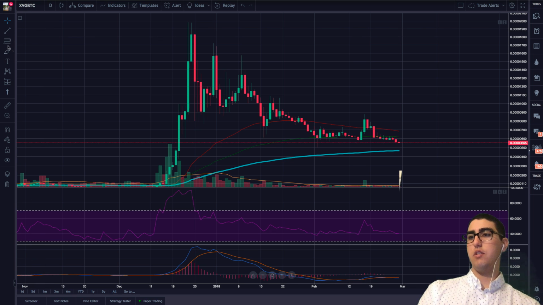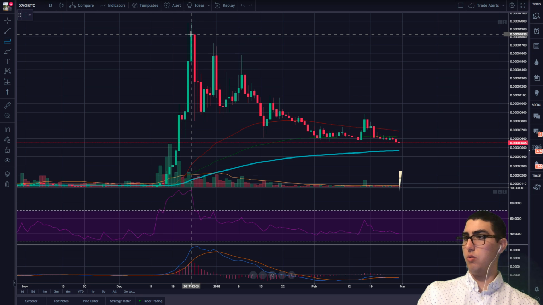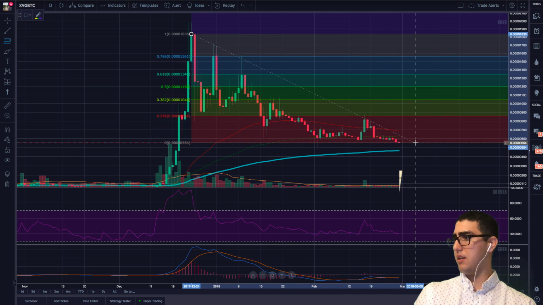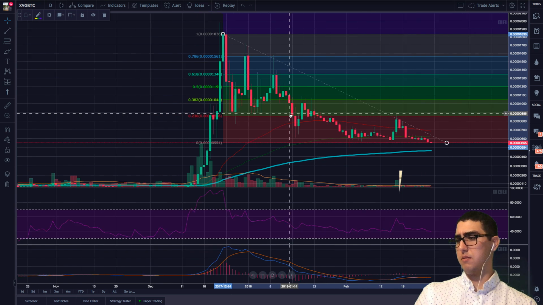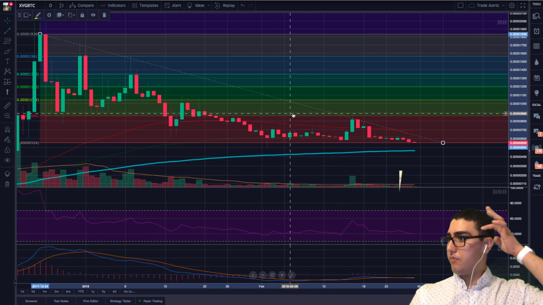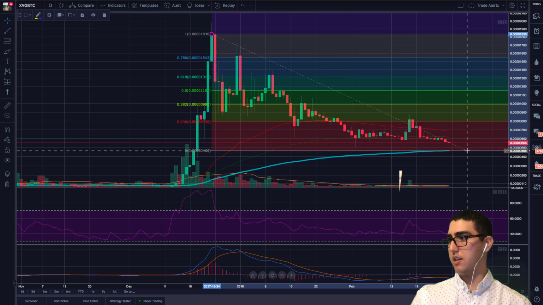I just don't see Verge doing much right now. I understand that it's low in terms of value. I mean, it was at 1,800 Satoshis at one point, but if we were to draw this Fibonacci retracement here with where current price levels are at, I just feel like it would make more sense to see this Fibonacci retracement go a little bit lower down here.